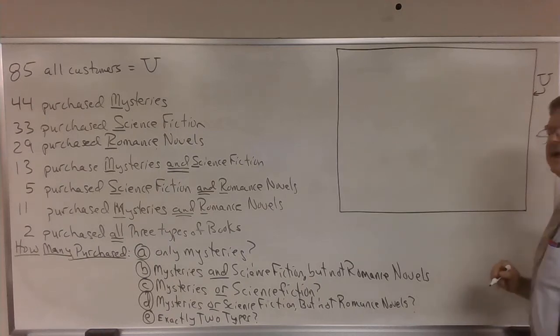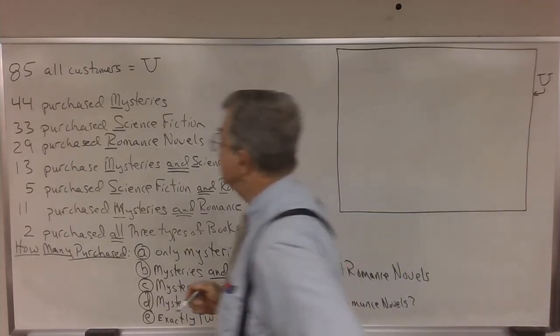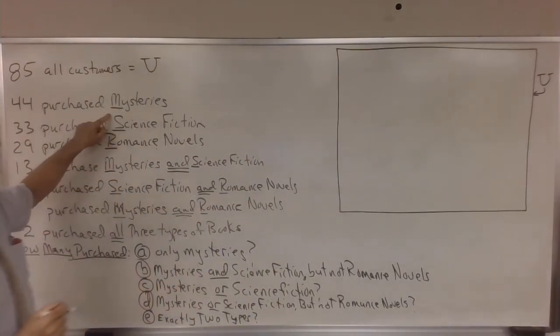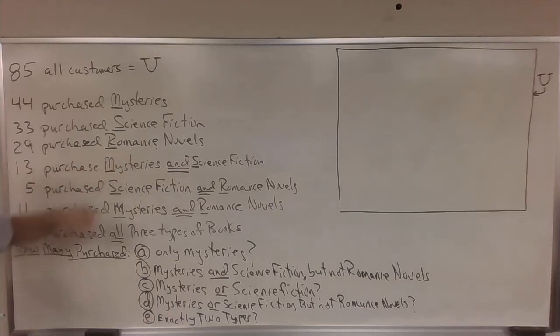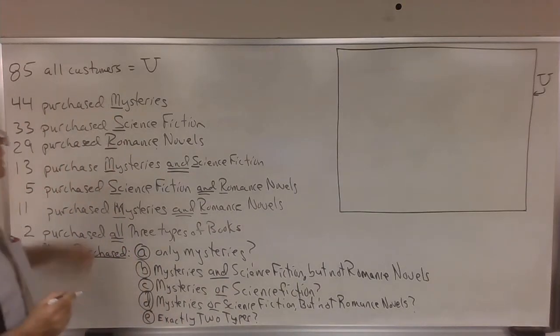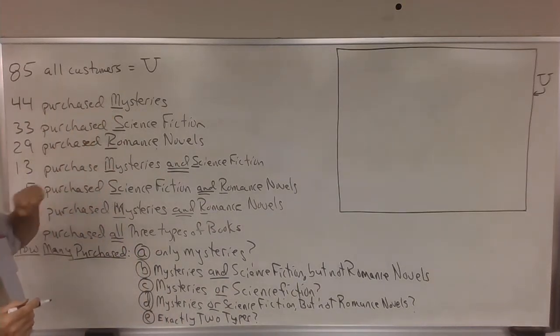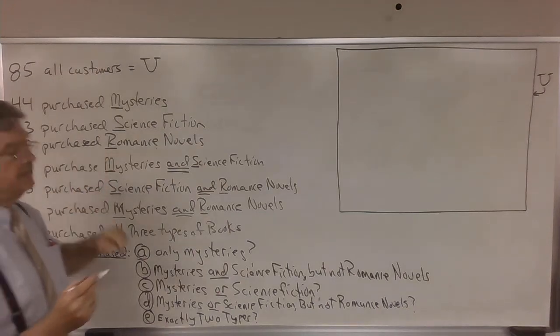And notice that we essentially have three groups of people. Those who purchased mysteries, those who purchased science fiction, those who purchased romance novels. So those are going to be our three main sets. And we'll have M for mysteries, S for science fiction, R for romance.